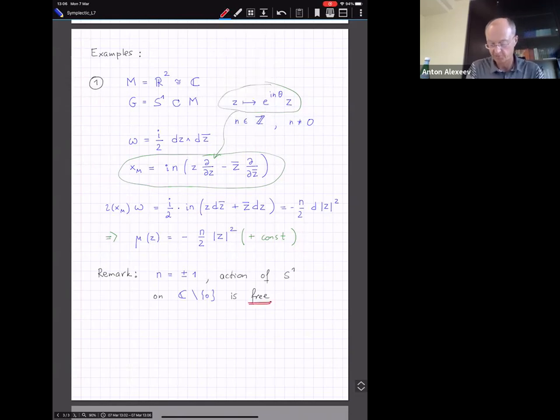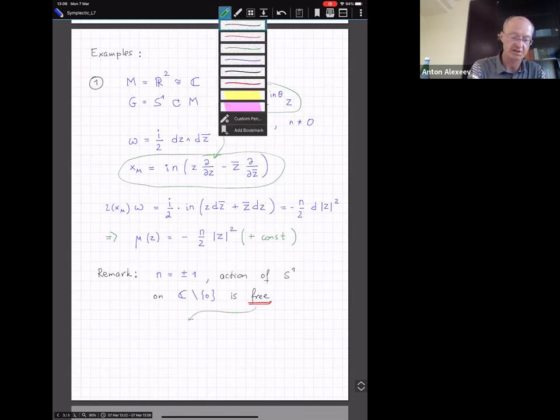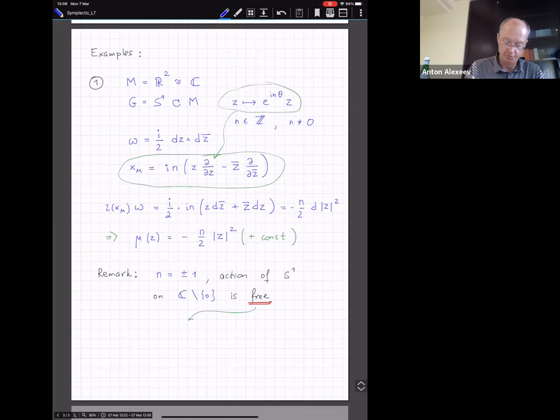Maybe let me just recall, what does it mean free? Free means the stabilizer of a point is a trivial group, right? Because if you have n, for instance, equal to 2, then theta corresponding to pi, the corresponding element of the circle would act trivially on everything.